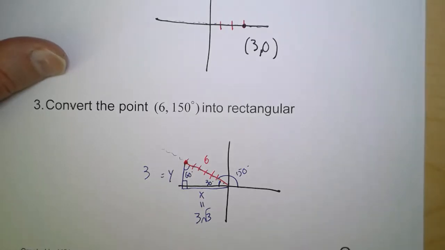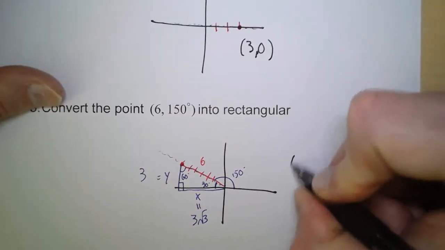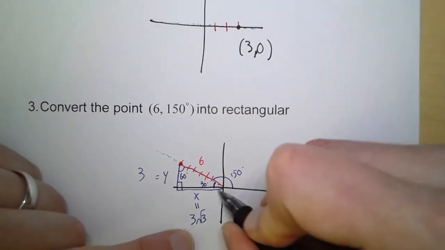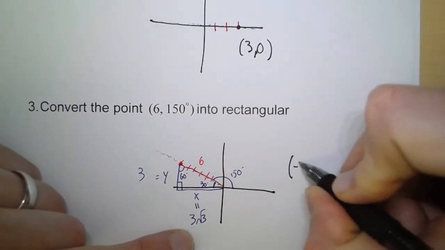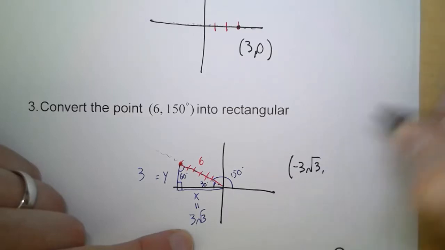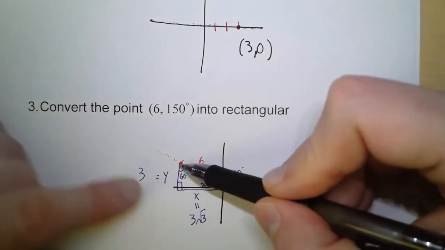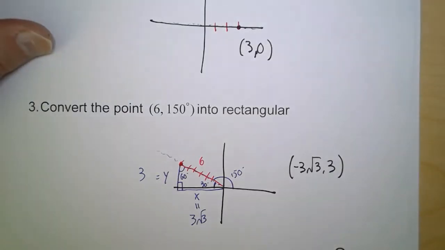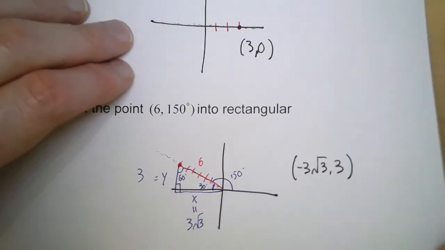So for our coordinates then, we are this many units to the left of the origin. That's how far to the left we go. So this is negative 3 square root of 3 for the x value, and we go this many units up. So that means it's negative 3 square root of 3, 3 in rectangular.